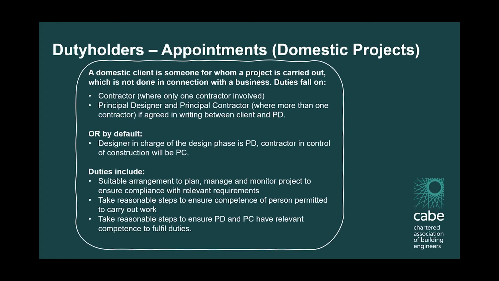Again, where you are involved in a domestic project, if there's more than one party involved, then you need to agree with them who is taking on the principal designer responsibilities. You need to do that in writing with and through agreement with both the client and the principal contractor.